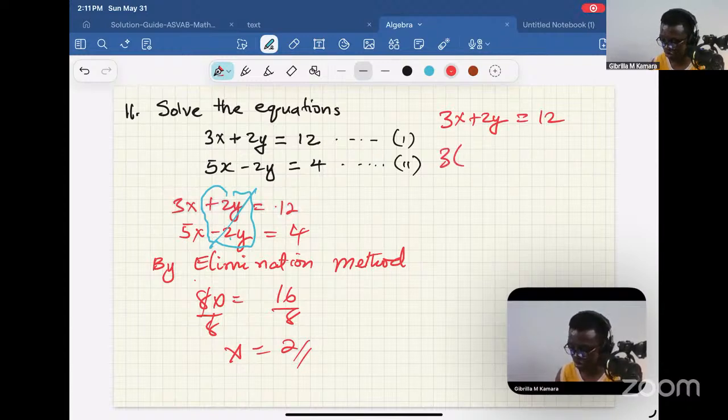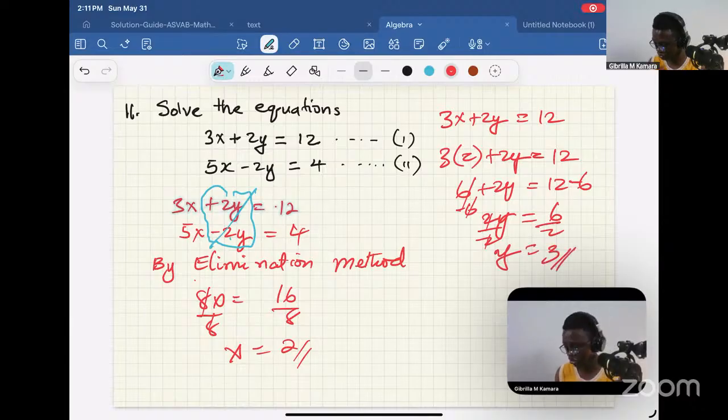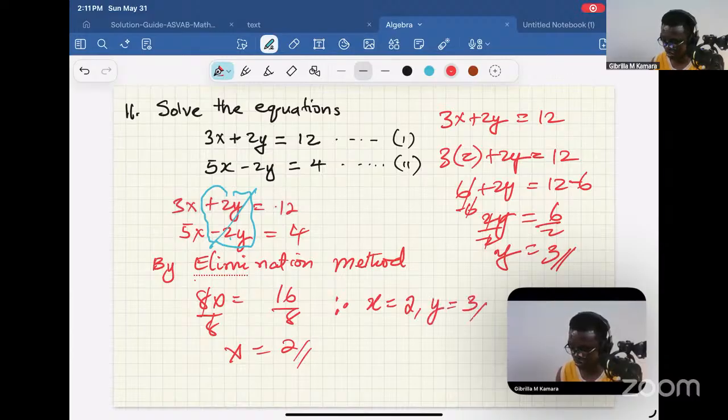So this becomes 3 into 2 plus 2y equals 12. This is 6 plus 2y equals 12. Minus 6, minus 6. This and this goes. So 2y equals 6. Divided by 2, this by 2, so y is equal to 3. So therefore, the two values are x equals 2, y equals 3.